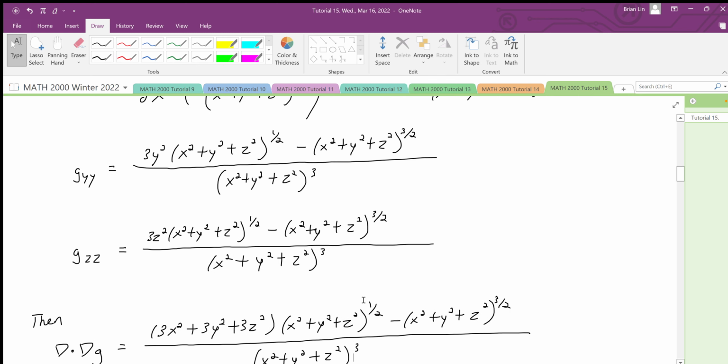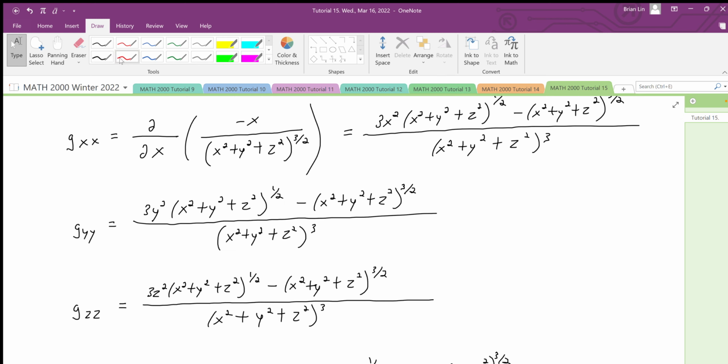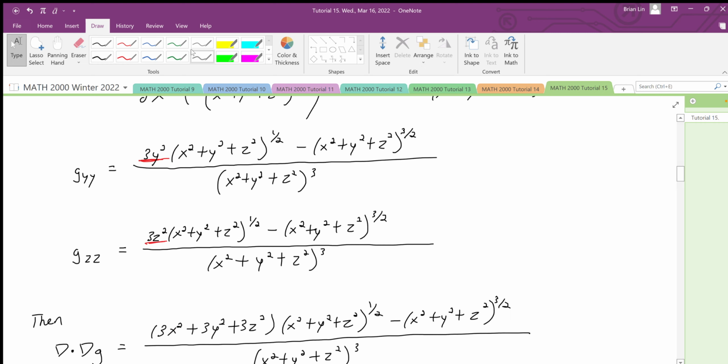I quickly point out this 3x squared, this 3y squared, and this 3z squared that you could see over here. And I forgot to write down times 3.